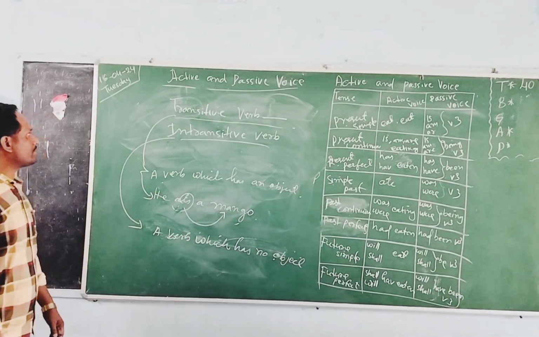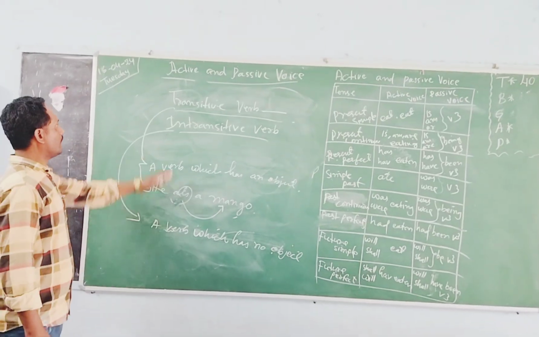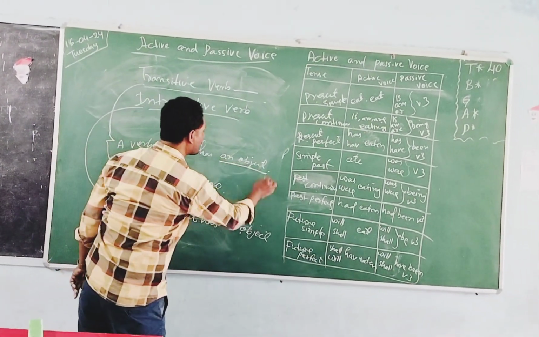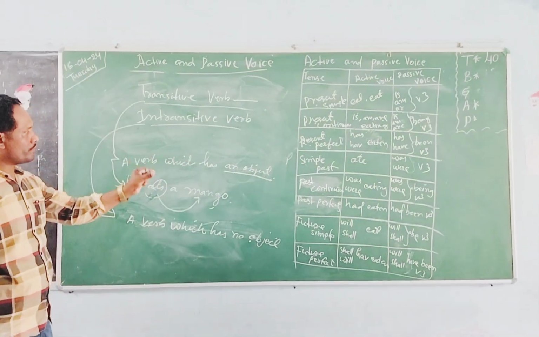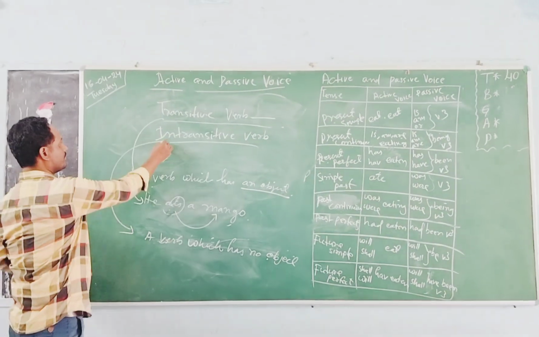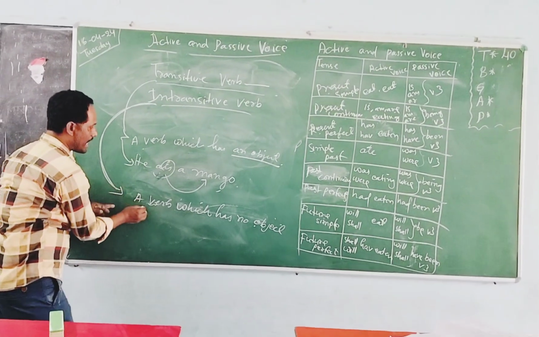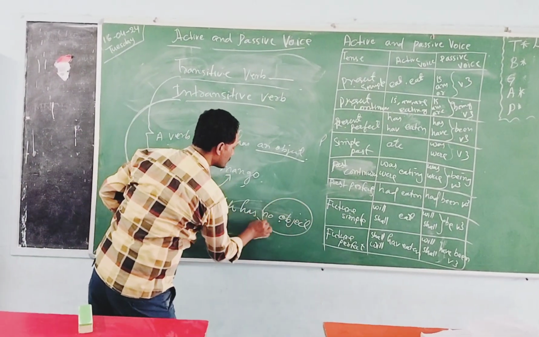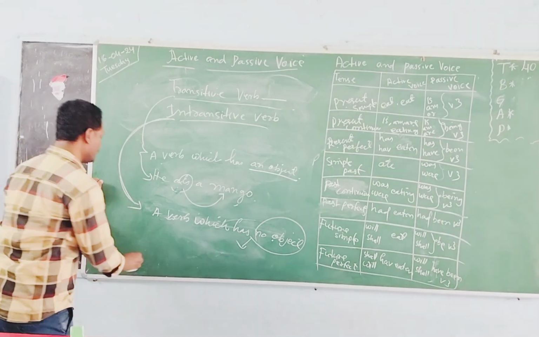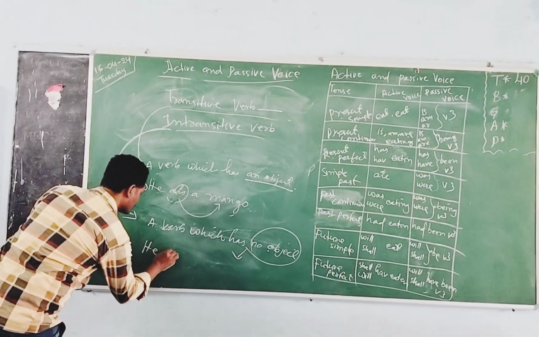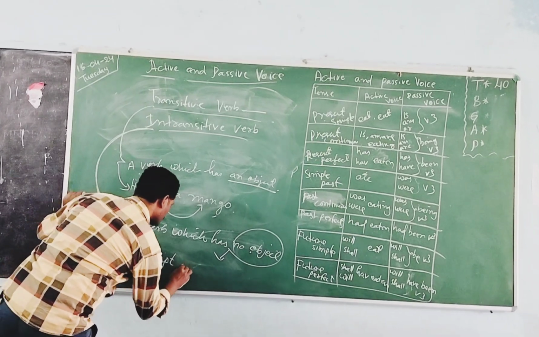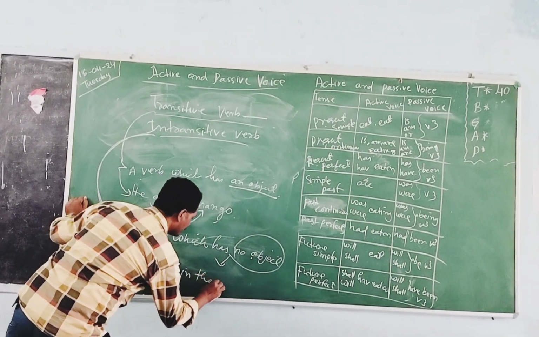So this is the difference between transitive verb and intransitive verb. A transitive verb is a verb which has an object. When the verb has an object, then only it will change into passive. An intransitive verb is a verb which has no object. This cannot be changed into passive. For example, he slept in the room.